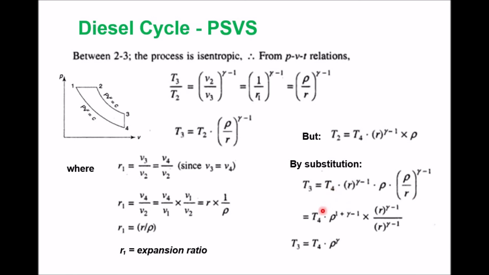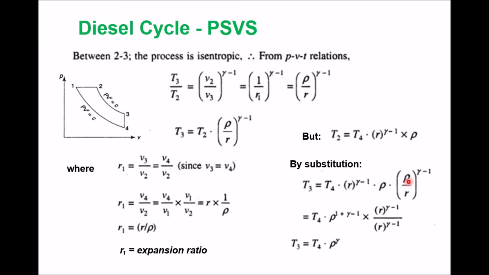So we have here T4. This is rho. It is from this row here. So the exponent of that is 1. By the law of exponent, if we expand this one, that is rho raised to gamma minus 1 divided by R raised to gamma minus 1.